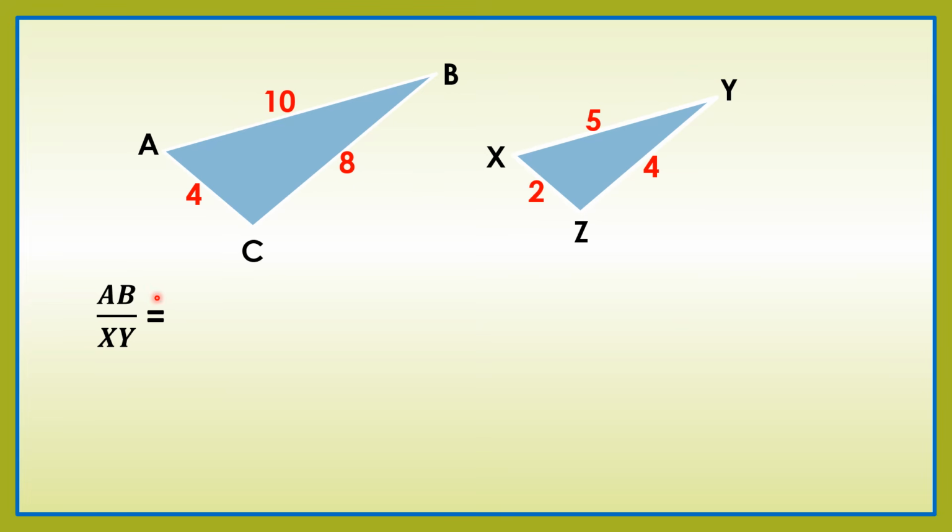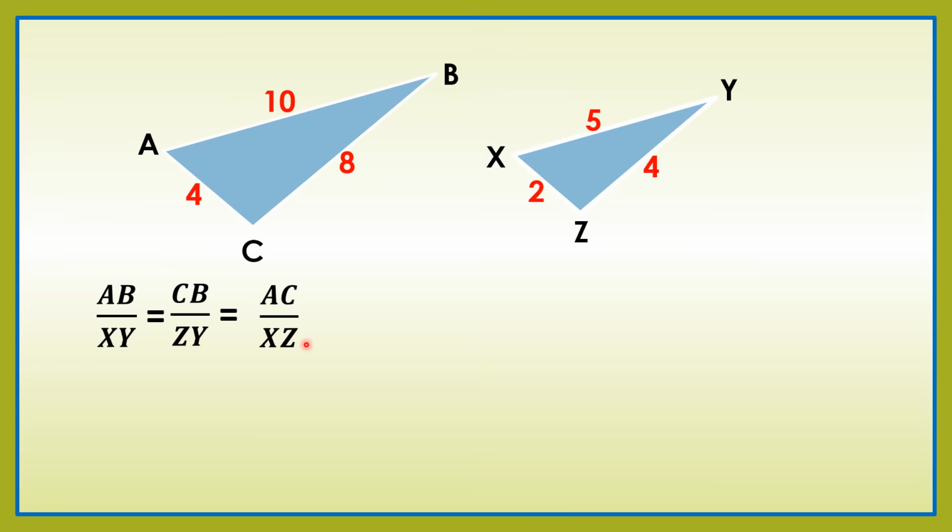So that is why we have here AB over XY. Next is CB corresponds to ZY. Next is AC corresponds to XZ. So we will have now AB over XY is equal to CB over ZY equals AC over XZ.